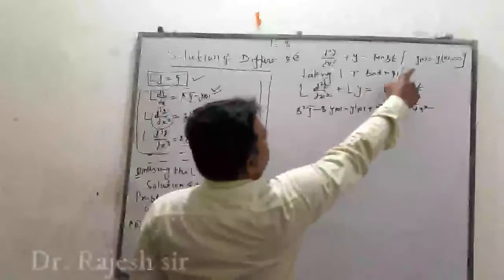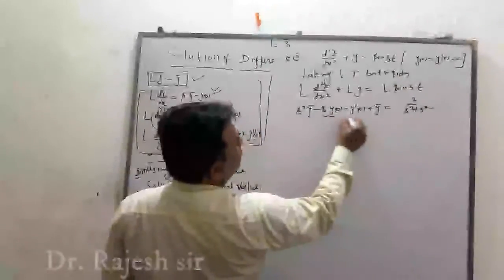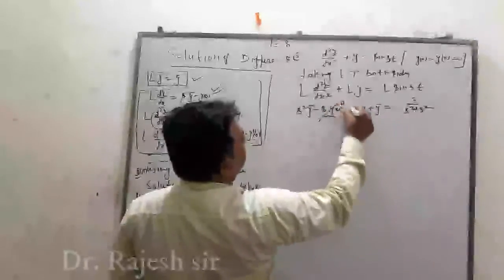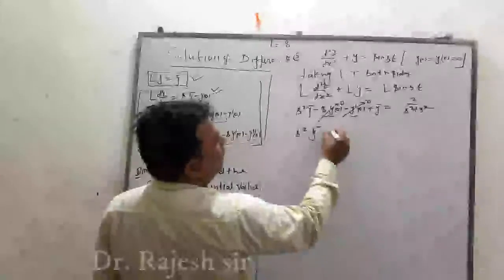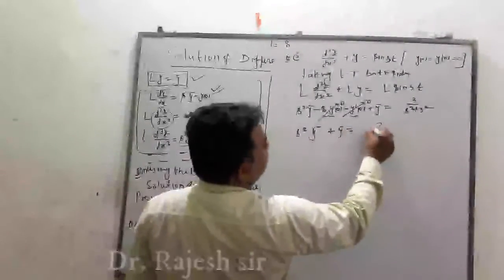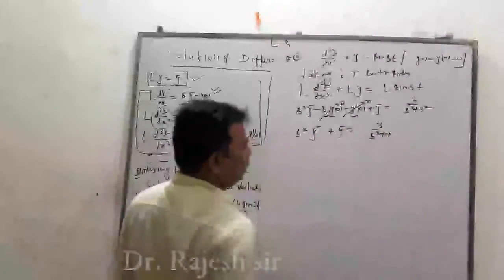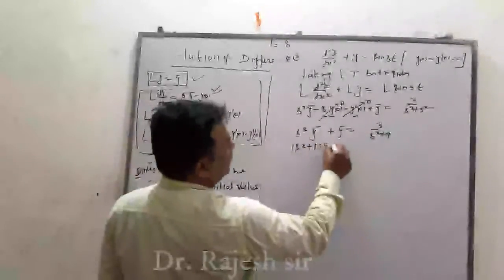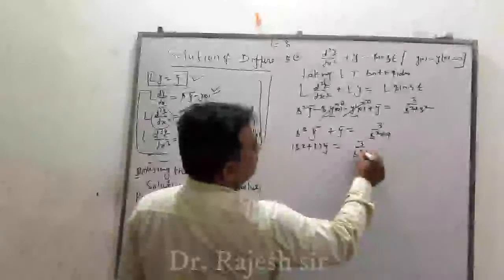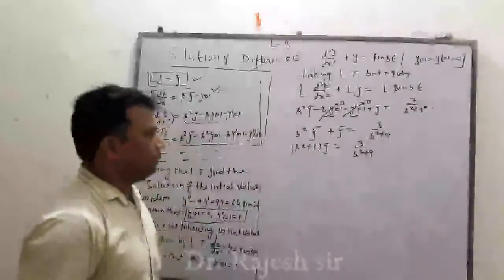Applying the initial conditions, y0 and y dash 0 both are 0, so this value will be 0. s square y bar plus y bar equals 3 upon s square plus 9. (s square plus 1) y bar equals 3 upon s square plus 9.